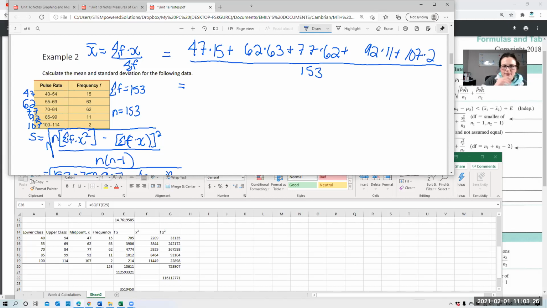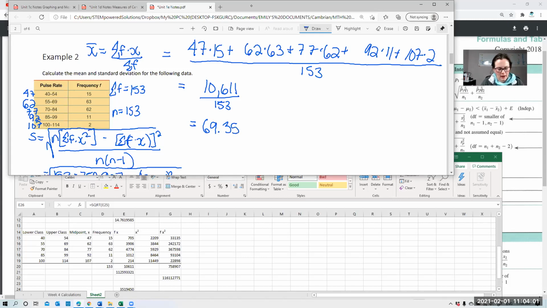Fortunately, this one's a lot easier. Finding the mean is much, much easier. So 47 times 15 plus 62 times 63 plus 77 times 62 plus 92 times 11 plus 107 times 2 equals 10,611, divided by 153, equals 69.35.